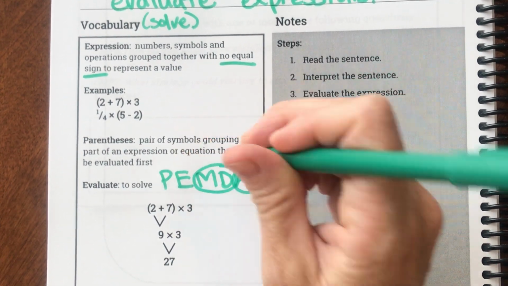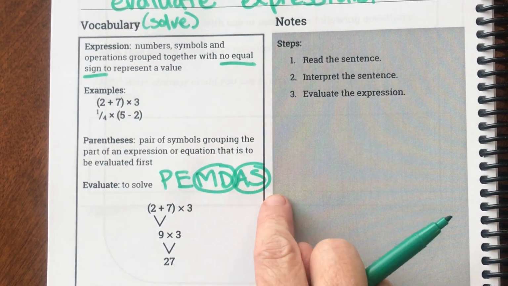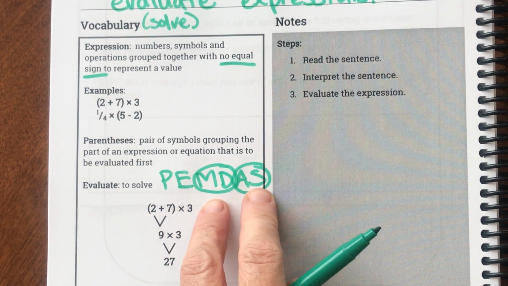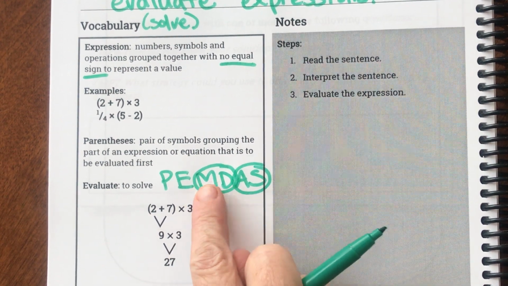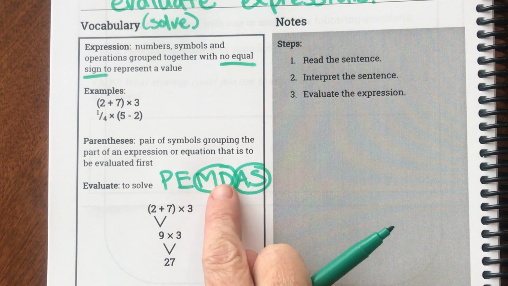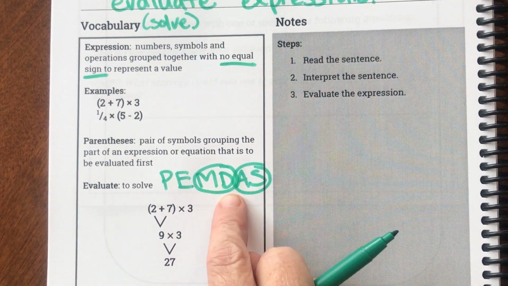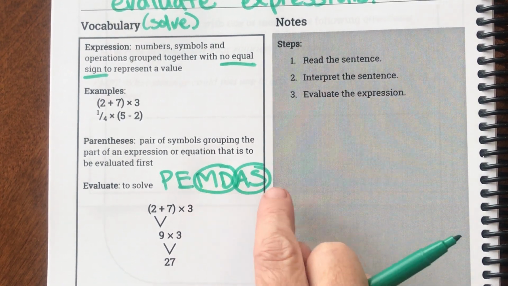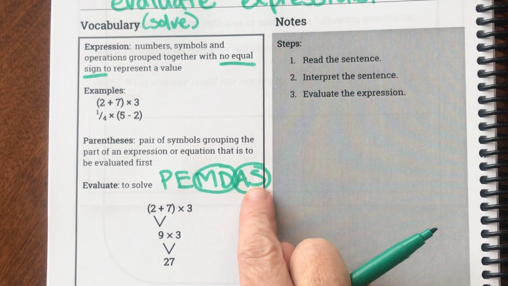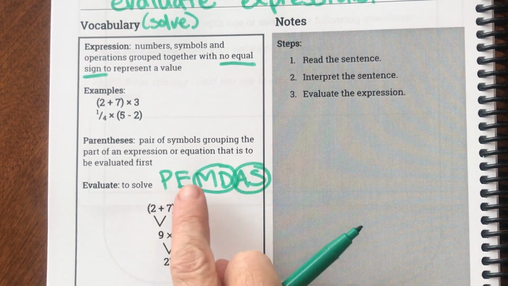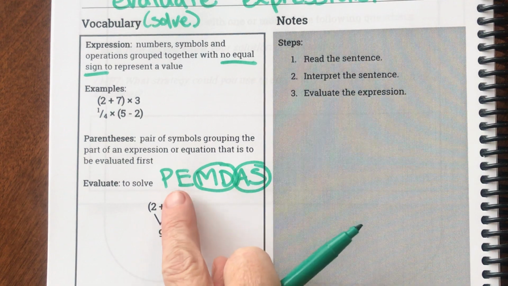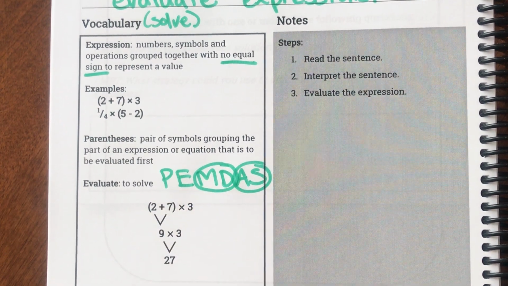And remember, the M and D and the A and S are both teams. I don't do multiplication before division, I do it as a team. Whichever one comes first, I do first. So when I solve, I follow PEMDAS to help me.